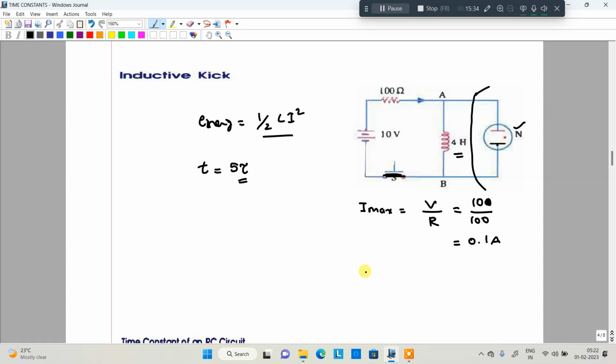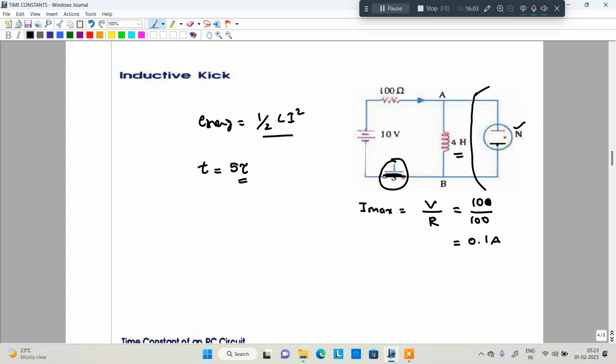Or if you disconnect it directly by switching off the switch, the inductor is going to be burned because the insulation is trying to discharge. Very high voltage will be there, for example in the picture tube, 2 kV. This is the inductive kick.